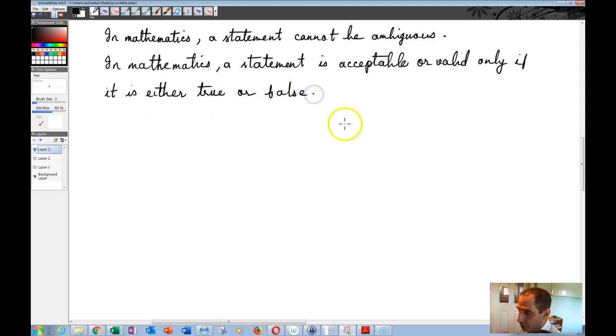Okay, so it cannot be an ambiguous statement. A statement is acceptable or valid only if it is either true or false.